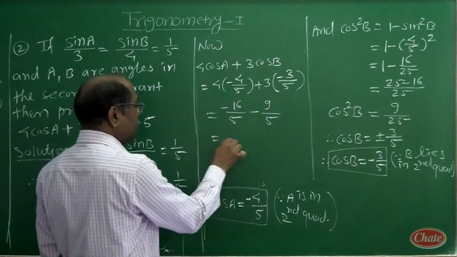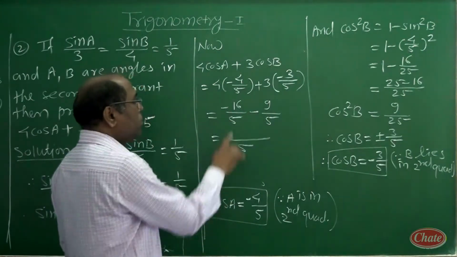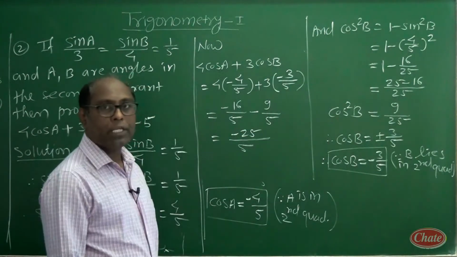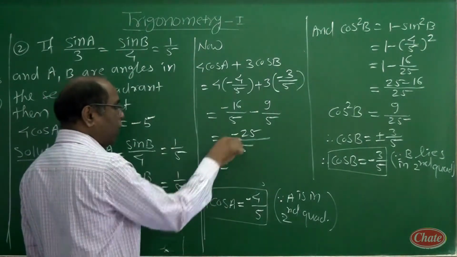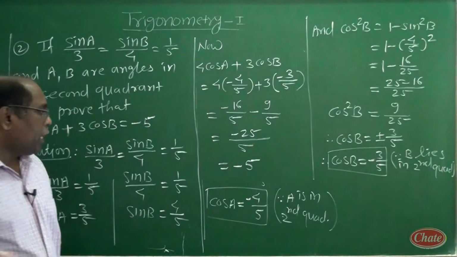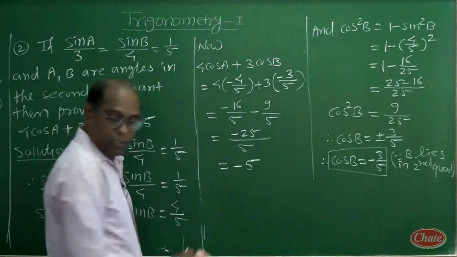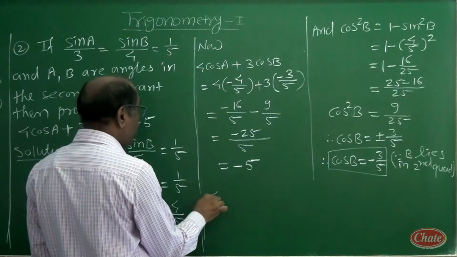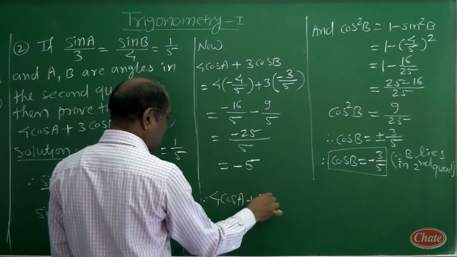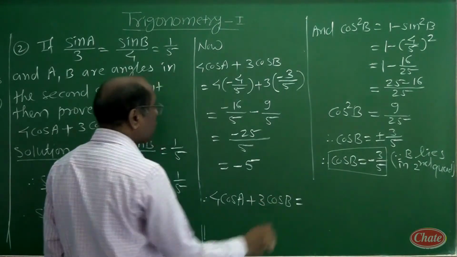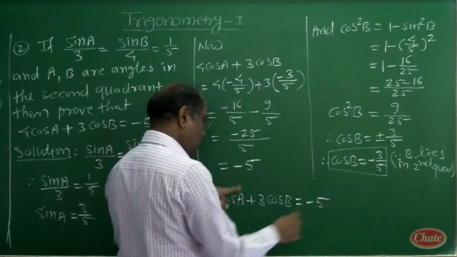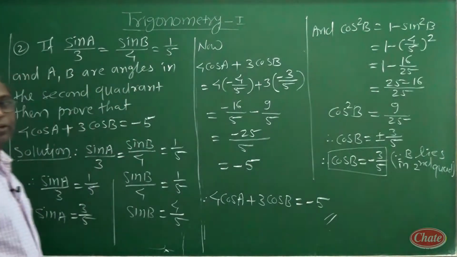The denominator is the same, so take the addition of the numerators: minus 16 minus 9 is minus 25, and minus 25 upon 5 is equal to minus 5. Therefore, 4 cos A plus 3 cos B is equal to minus 5. So that is the answer.